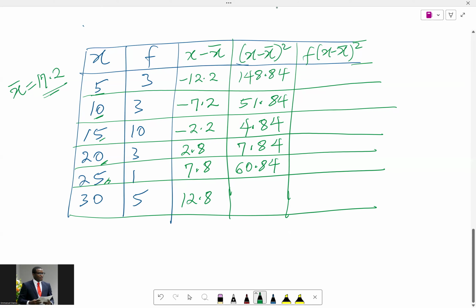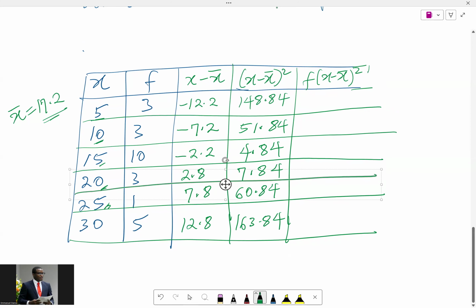Then we can square that, and that will be 163.84.